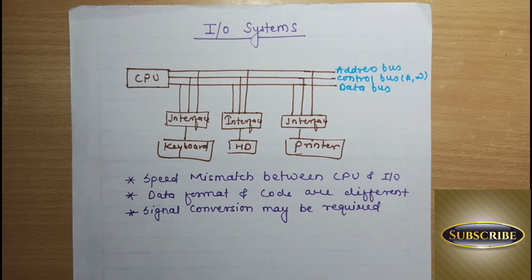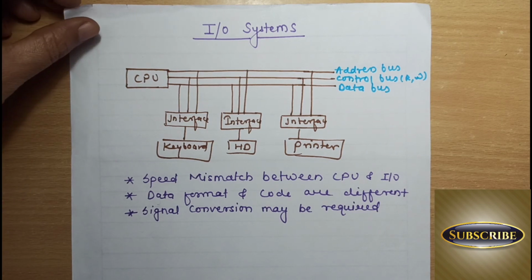But how these IO devices are transferring the information to the CPU, what are the methods that are used to perform this operation, how this CPU and IO devices are communicating with each other. That is actually the topic, modes of IO transfer. So let's move to it.